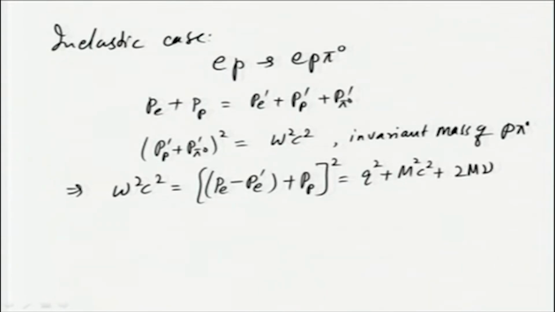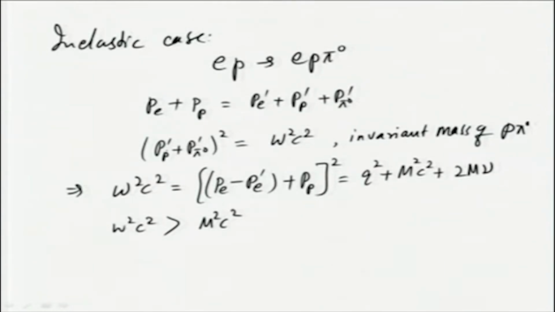Since W square c square is always larger than m square c square, because it is the sum of (P_P prime plus P_pi0 prime) square, which means P_P prime, the four momentum of the final proton squared itself is m square c square, and in addition to that you have the part coming from the pion's momentum.